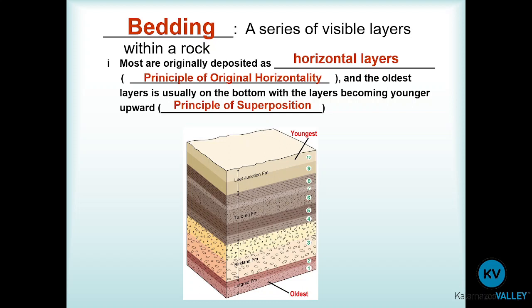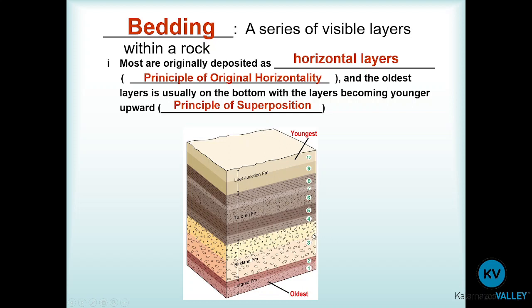So what is superimposed, or has the superior position, is the younger body, meaning that you have to have, say, this sandstone here. We have to have that sandstone there in order to have this mudstone on top of it. This mudstone would be younger than this sandstone because it comes after that sandstone in time.